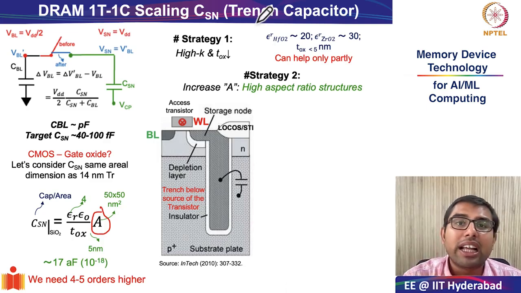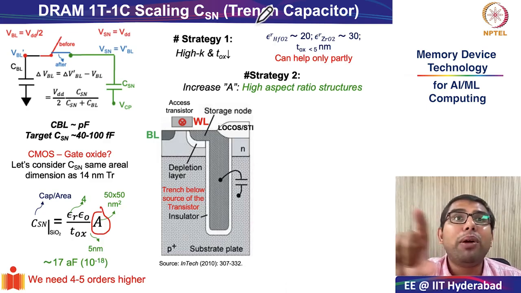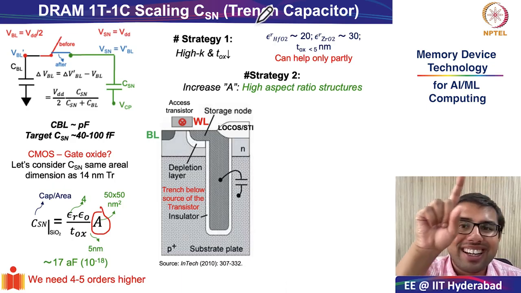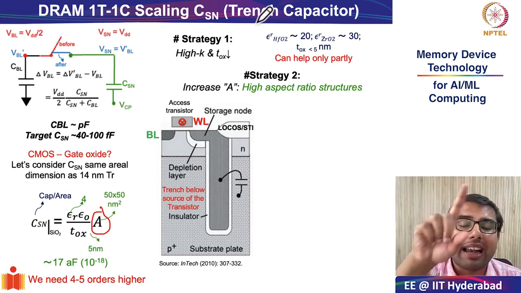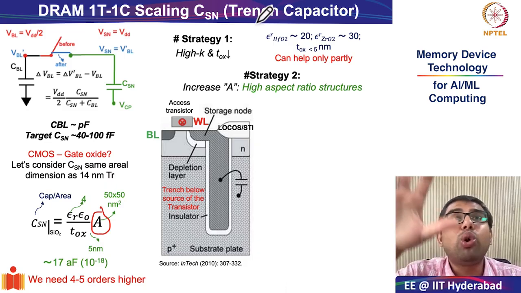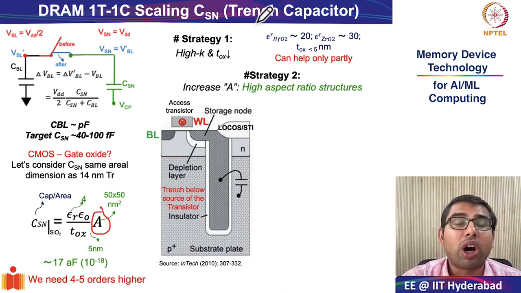Let me give you a hint. You see your wall lizard being able to counteract its weight while climbing on the wall. Or basically, how does Spider-Man climb on these walls? Or how does a lizard climb on these walls?